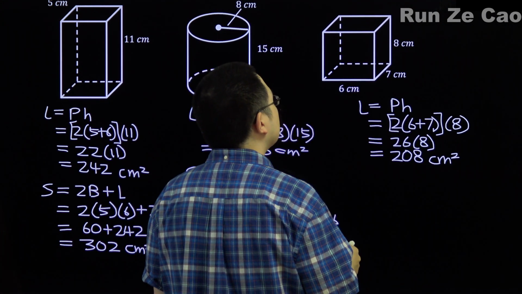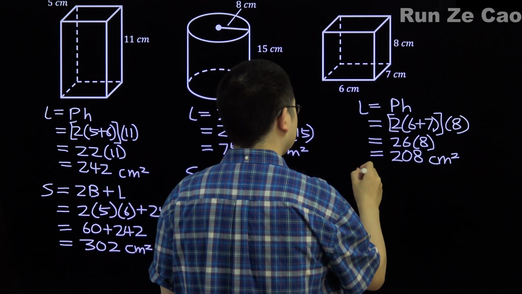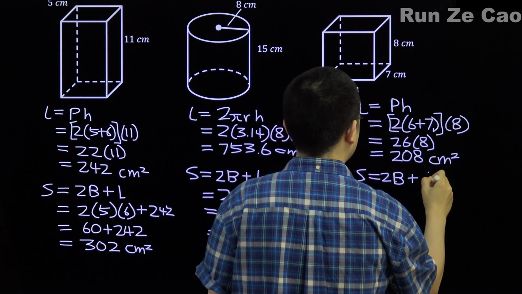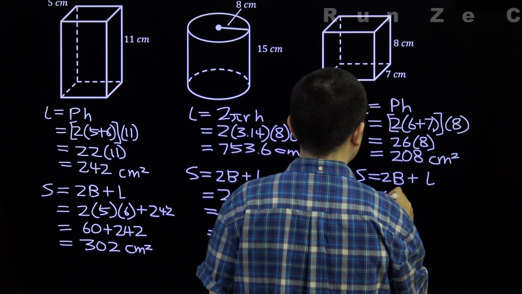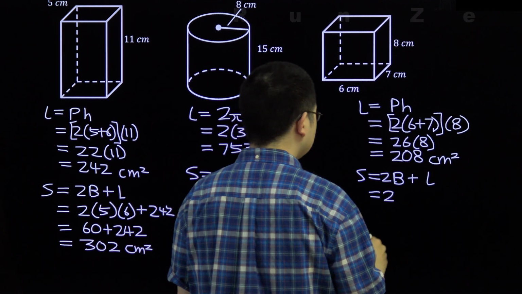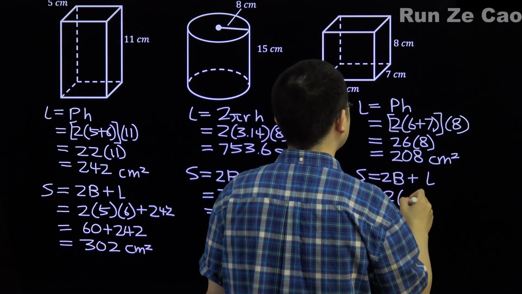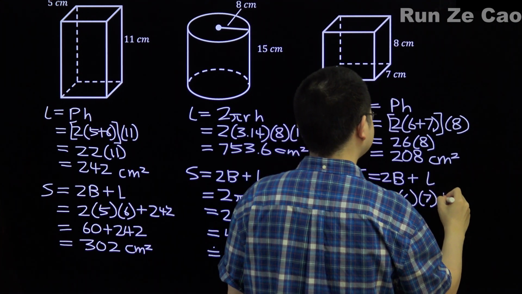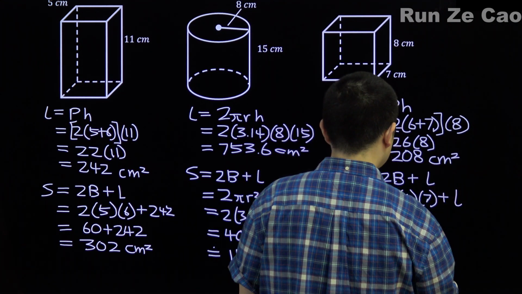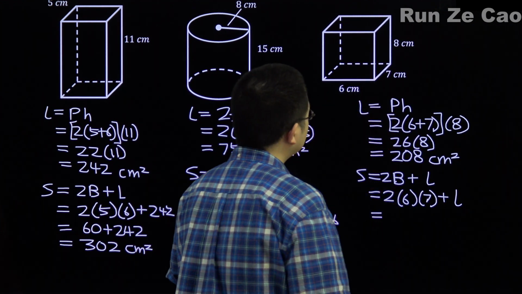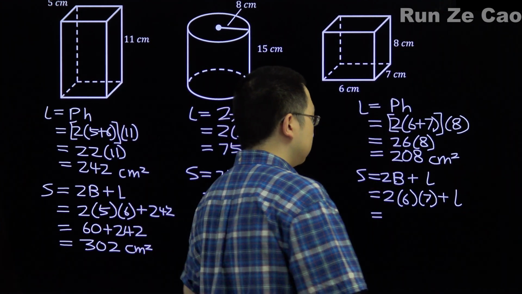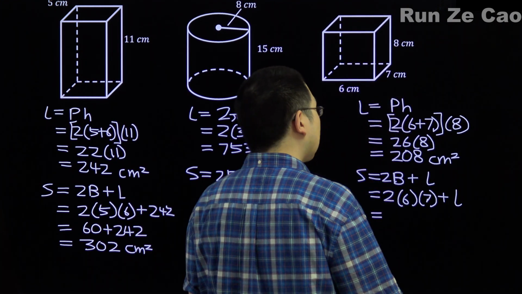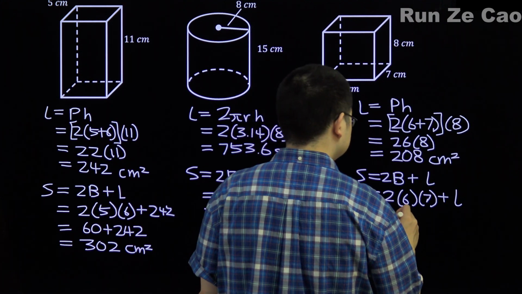Right. What's the total surface area? Surface area is equal to 2b plus L. So 2 times the base, which is length times width, which is going to be 6 times 7, plus L, the lateral. So 2 times 6 times 7. 6 times 7 is 42. Times 2 is going to be 84.